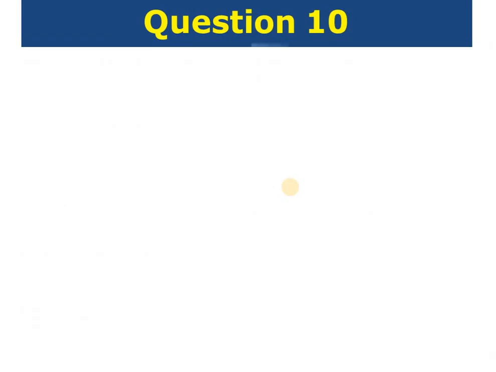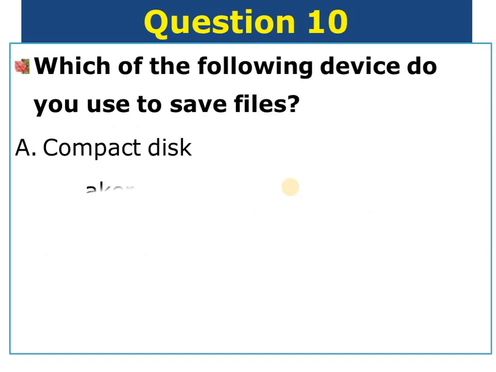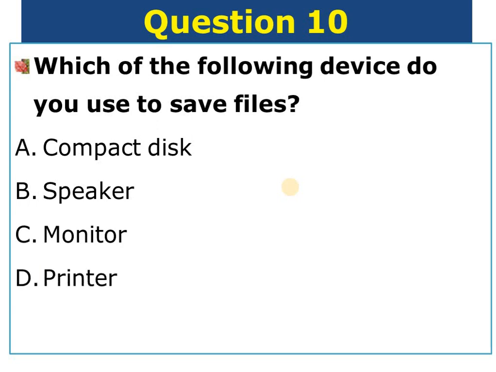Here is question number 10. Which of the following devices do you use to save files? A. Compact disc, B. Speaker, C. Monitor, D. Printer. The answer is choice A, compact disc.